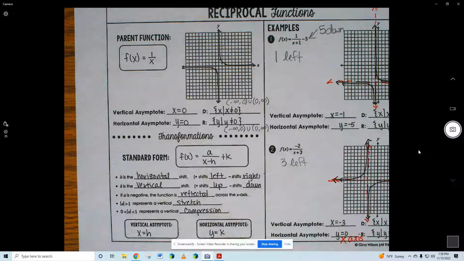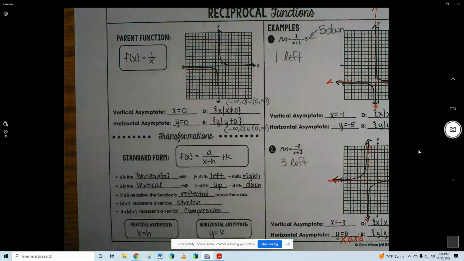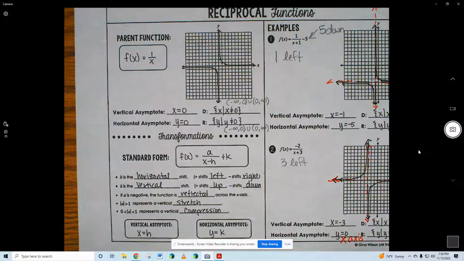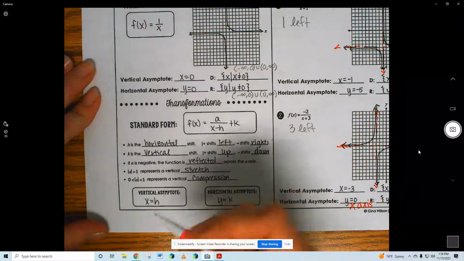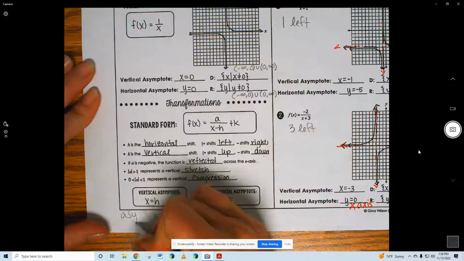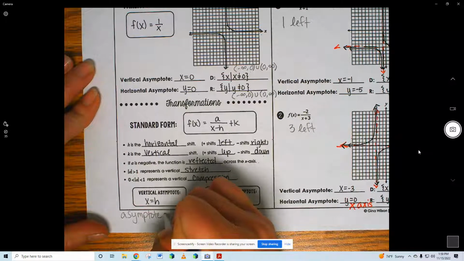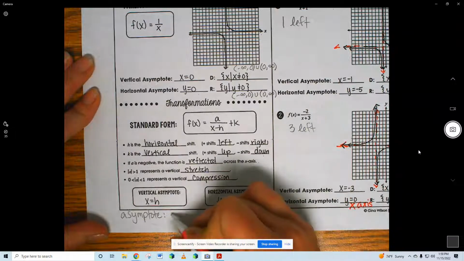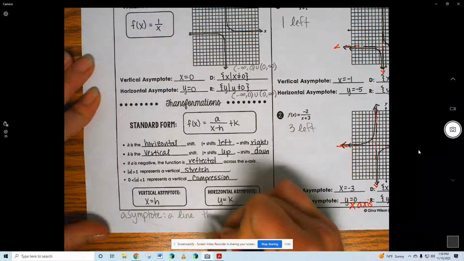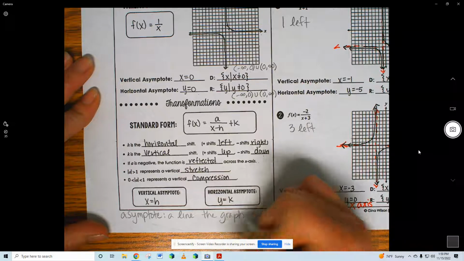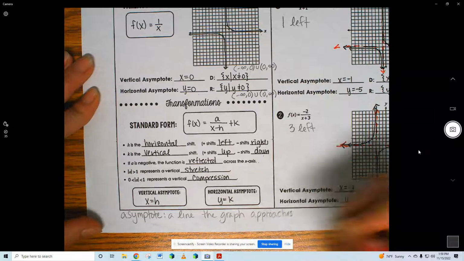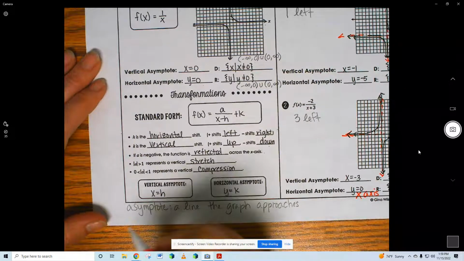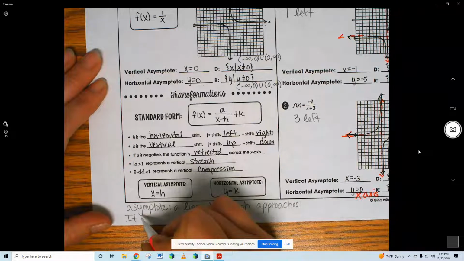An asymptote. This is a new vocab word. Now in higher level math, it is possible for things to cross an asymptote. Let's do the vocab word. An asymptote is a line the graph approaches and I'm going to say my graph doesn't cross.